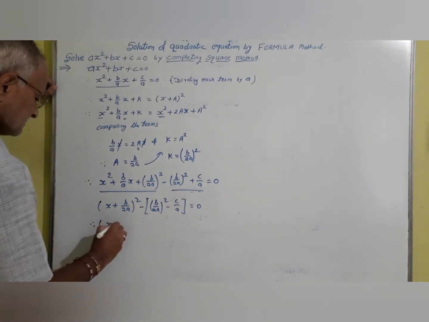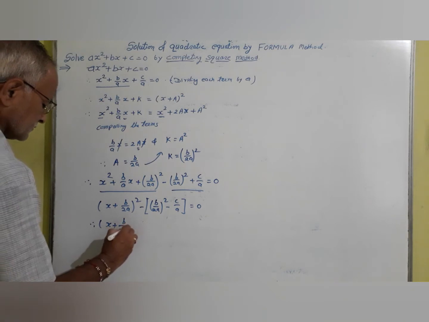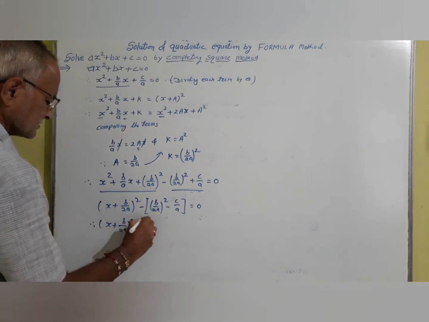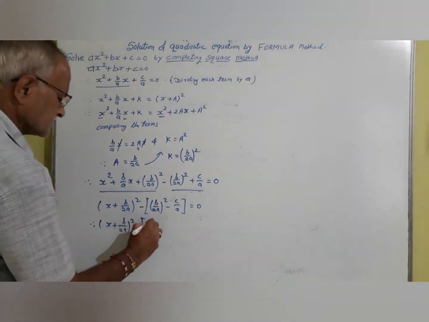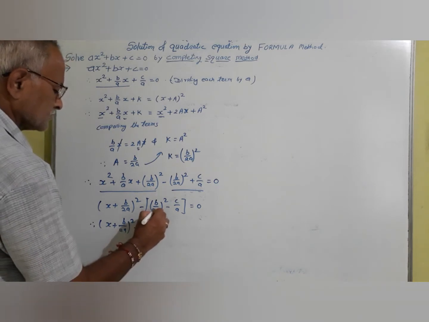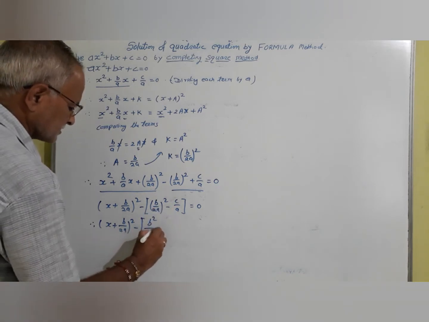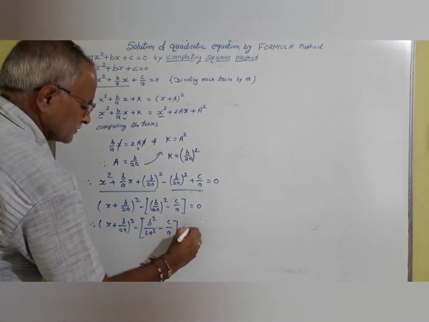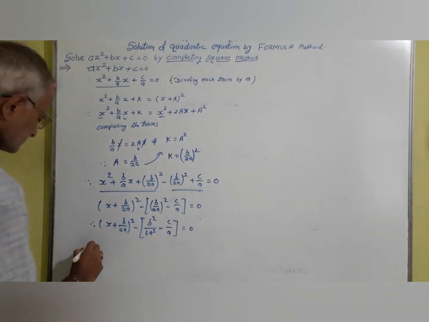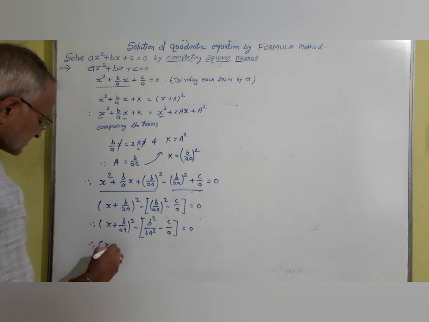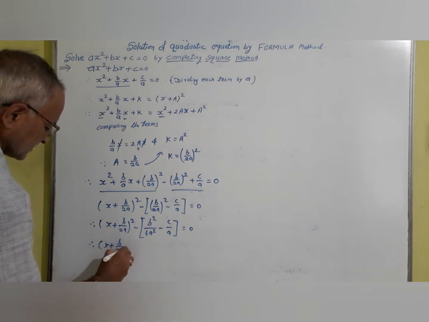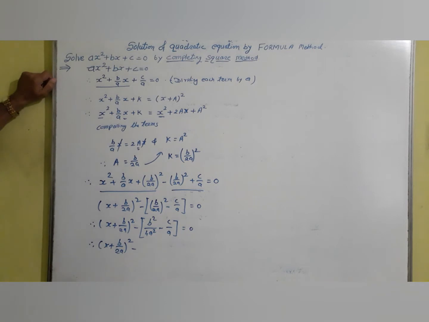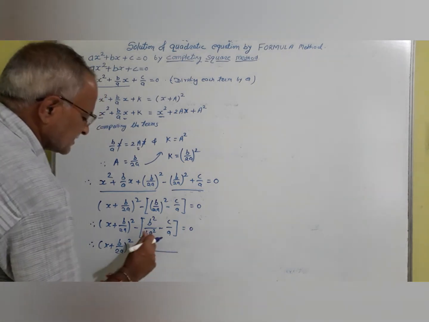Therefore x plus b upon 2a whole square minus in bracket, this is b square upon 2a whole square means 4a square minus c upon a is equal to 0. Therefore x plus b upon 2a whole square minus, we have to simplify this bracket.